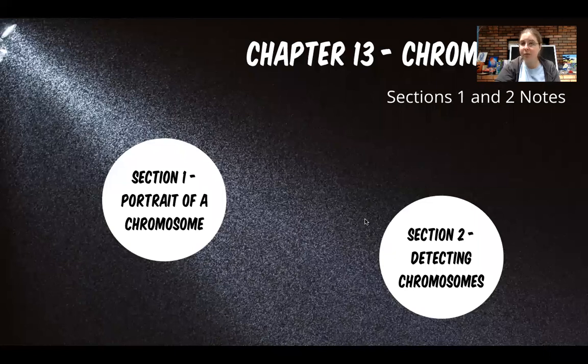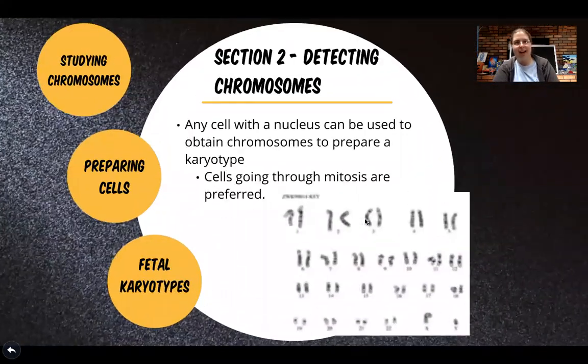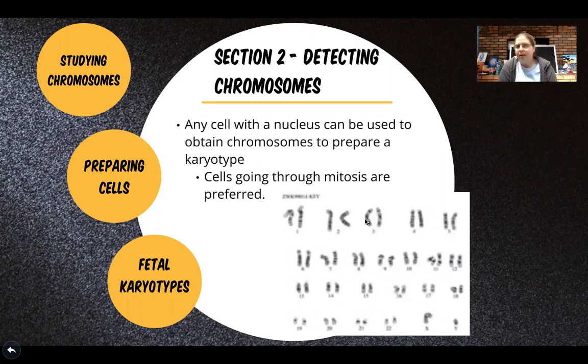All right, and now let's move on to section 2, detecting chromosomes. Any cell with a nucleus can be used to obtain chromosomes to prepare a karyotype because if it has a nucleus, it has the genetic material, the DNA.